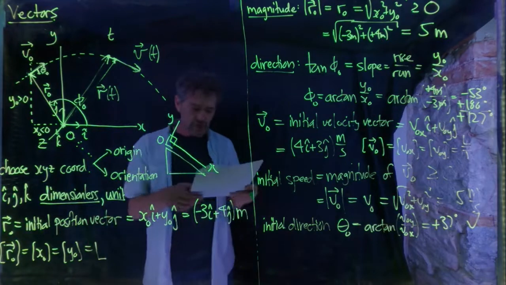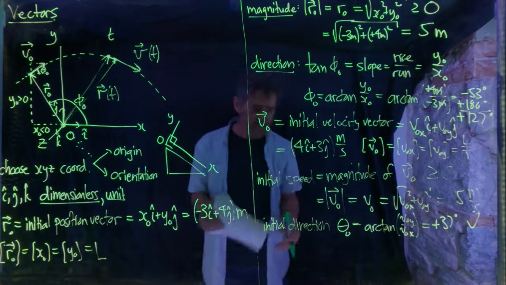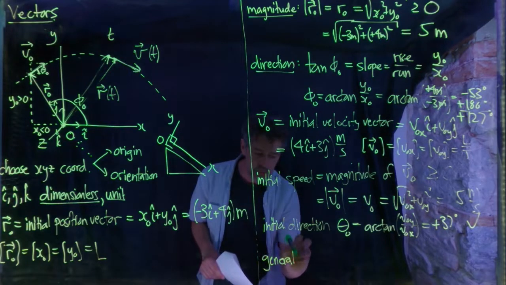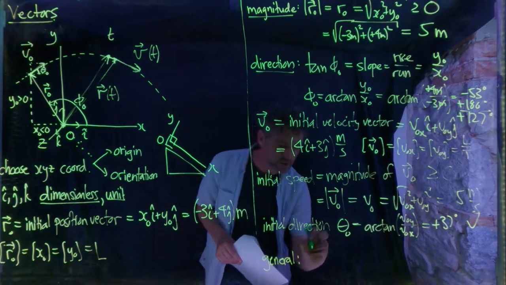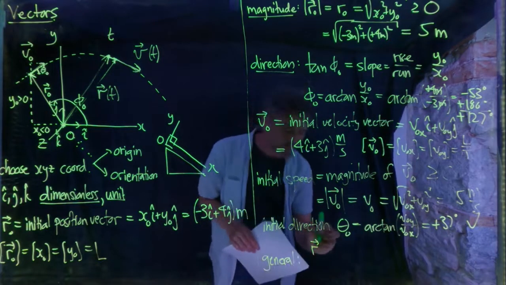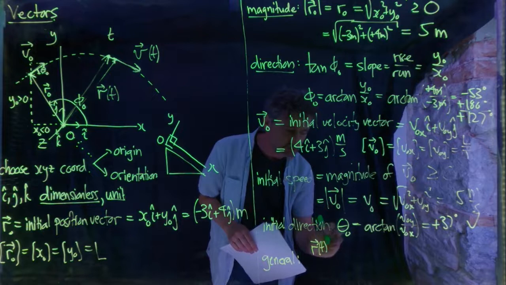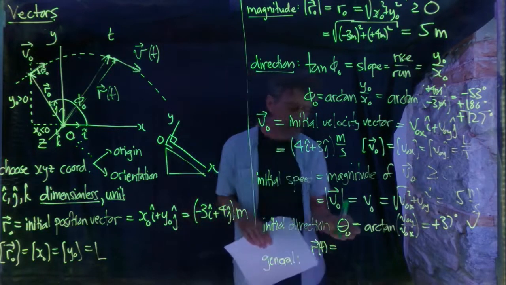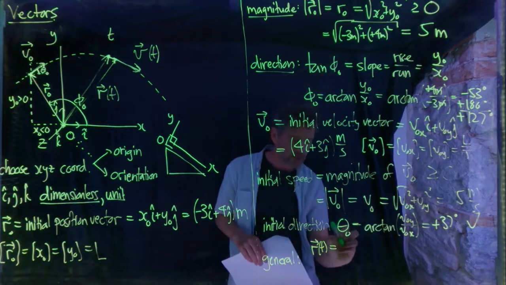Very good, and so in general, the notation looks something like this. We have r with a vector on top, the position vector of an object, and in general it can be a function of time, and you can always write that as a linear combination of i hat, j hat and k hat unit vectors.